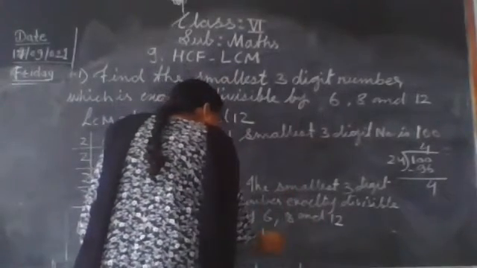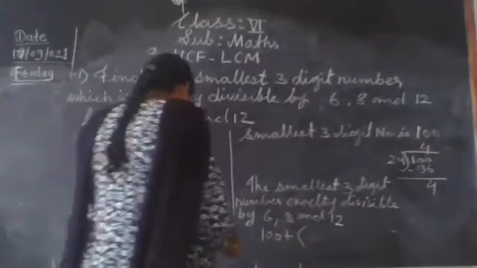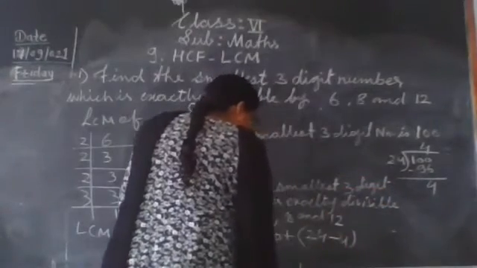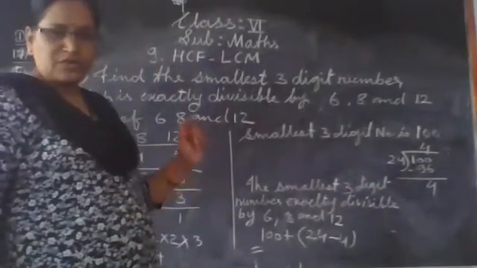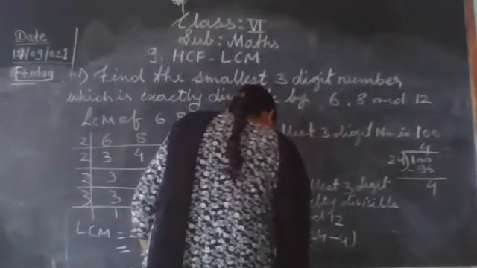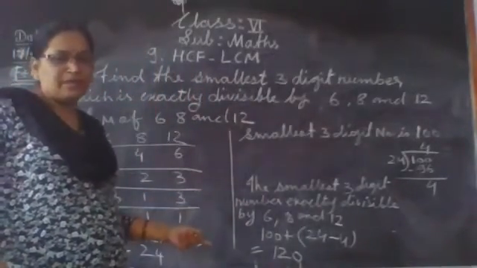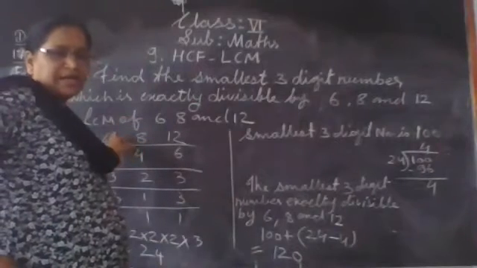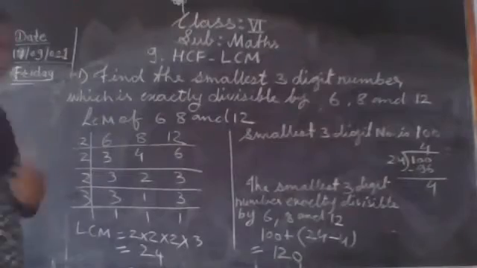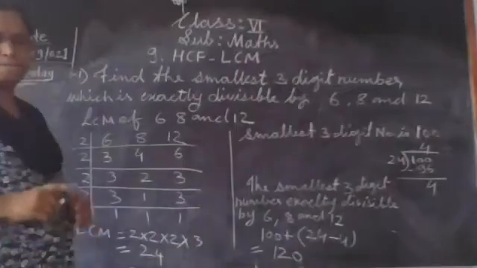The actual number is 100 plus their LCM 24 minus the remainder 4, which means 100 plus 20, that is 120. Okay, so 120 is the smallest three-digit number which is exactly divisible by 6, 8 and 12. Got it, beta? So let's see another question.